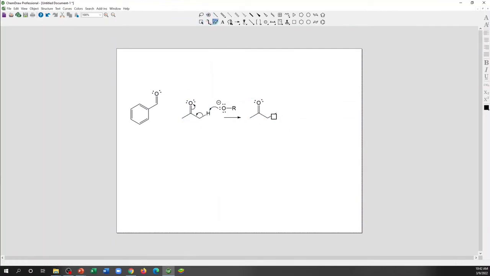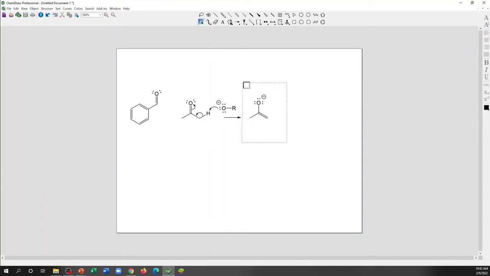I imagine it has a different name than acetone enolate, but that'll work for now. Convert structure to name. There it is: prop-1-ene-2-olate. Yeah, acetone enolate. That's easier to say.